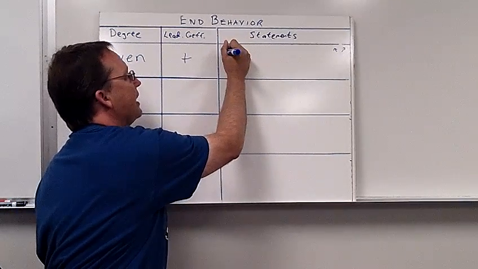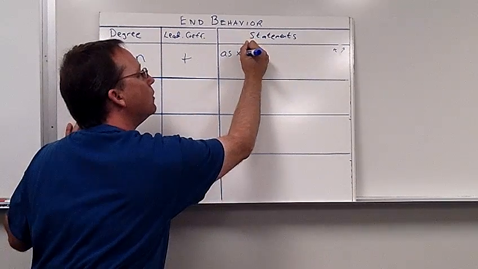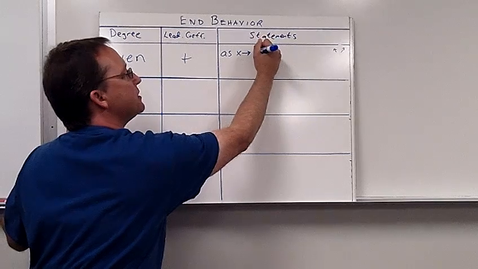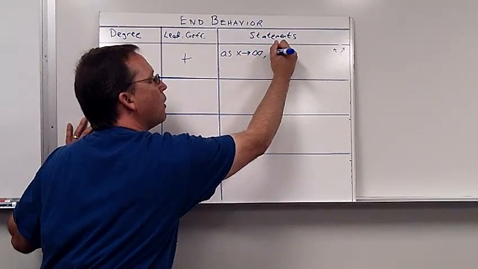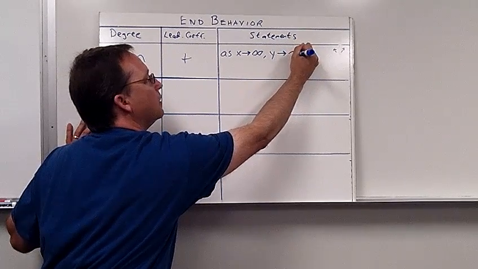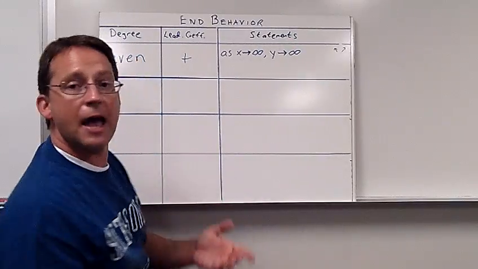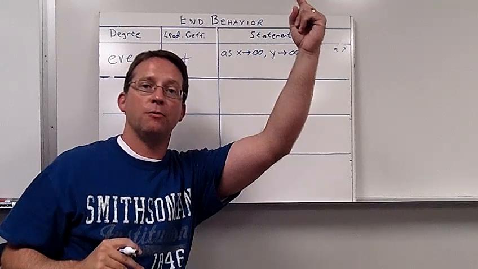We say as x approaches infinity, and you just use an arrow for approaches. As x approaches infinity, our y values are also approaching infinity. That's what was happening on our graph. As the x got bigger and bigger, the y also got bigger and bigger and bigger.